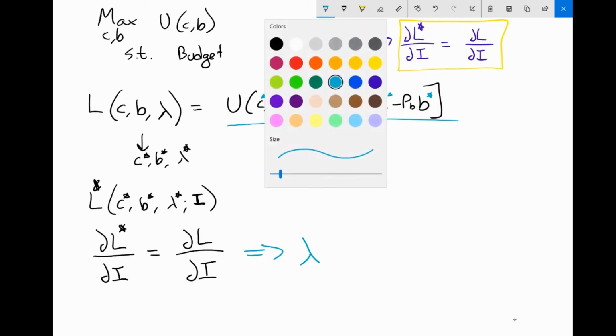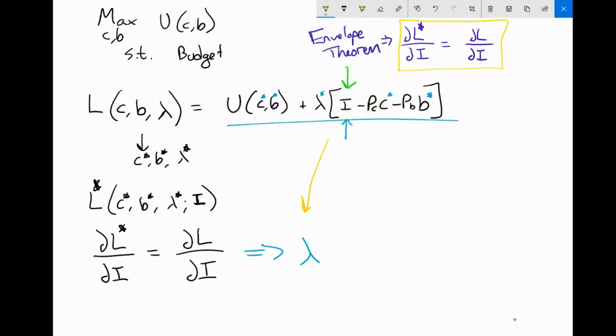If I just do that, then I can see that the derivative of L star with respect to I is equal to lambda. So basically, I just use the envelope theorem to make my math a lot easier.